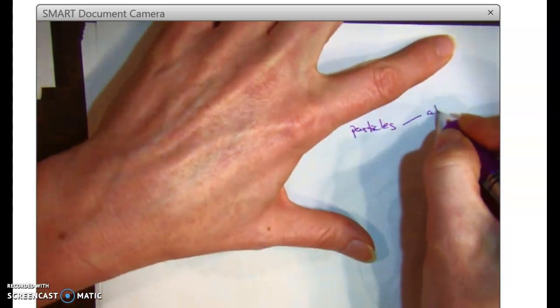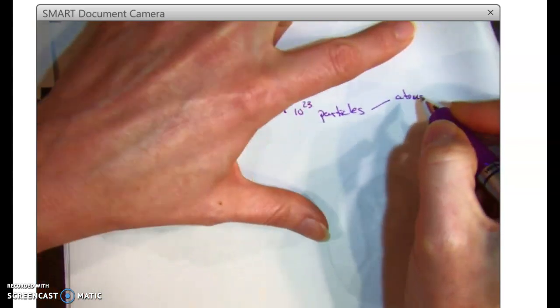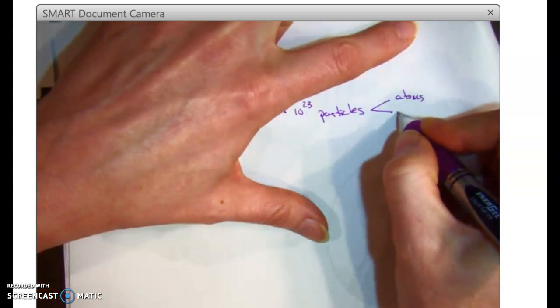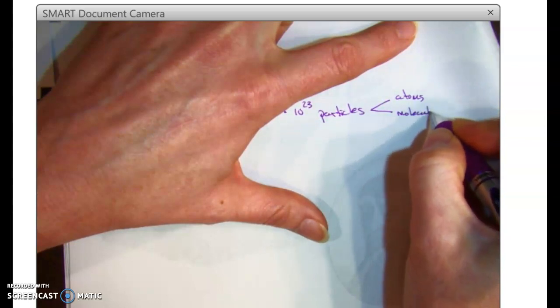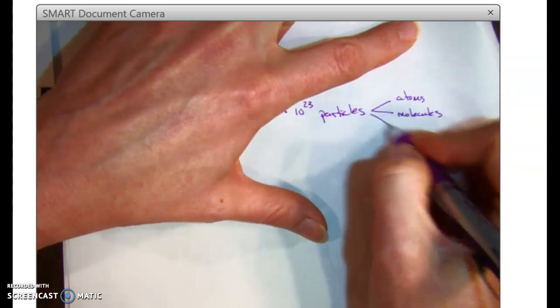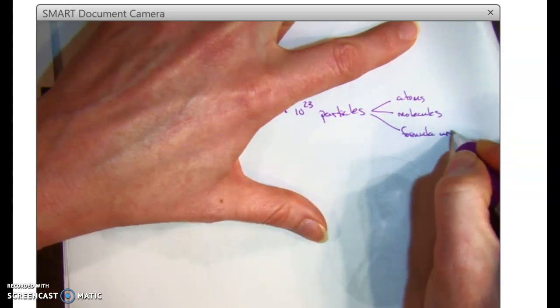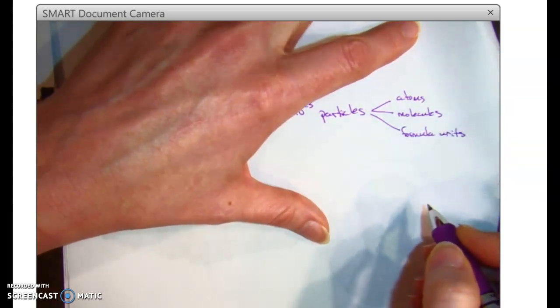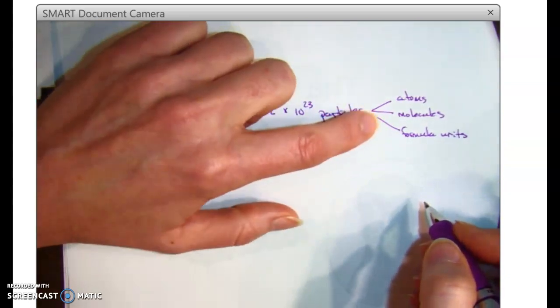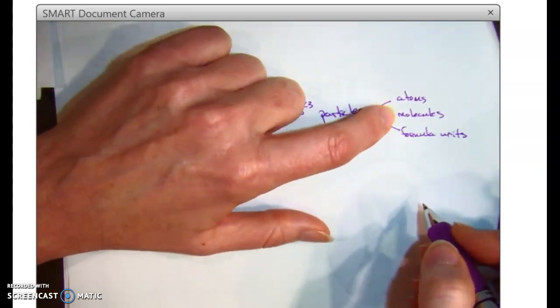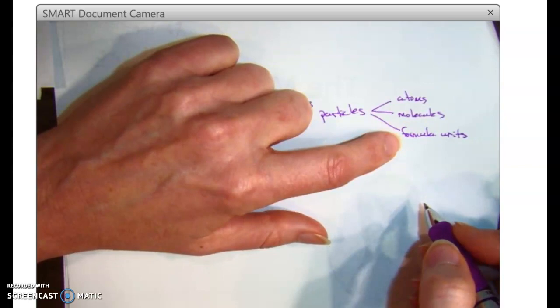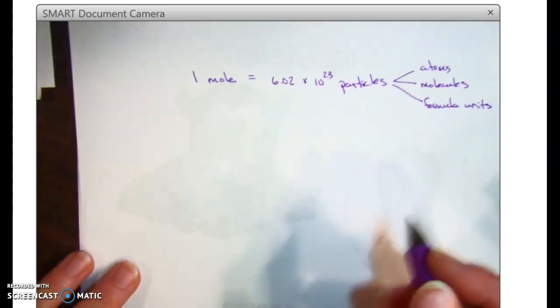I've told you we can get more specific and talk about atoms. We could be talking about molecules if it's covalently bonded, or formula units is the correct term if it's ionically bonded. I will tell you, most of the time you're going to see atoms and molecules. Sometimes they don't use formula units correctly for the ionic bond.